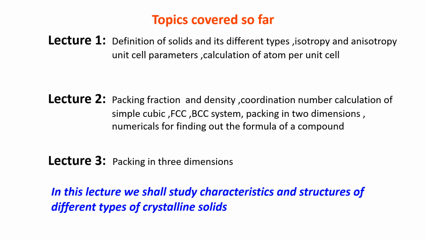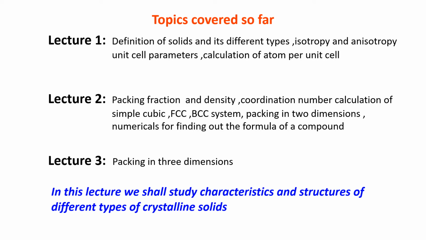Topics that we covered so far. In lecture 1, we have done definition of solids and its different types, isotropy, anisotropy, difference between crystalline and amorphous solids, unit cell parameters, calculation of atoms per unit cell.